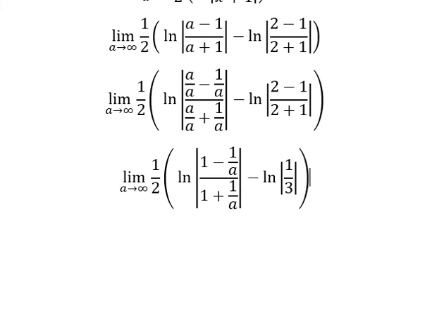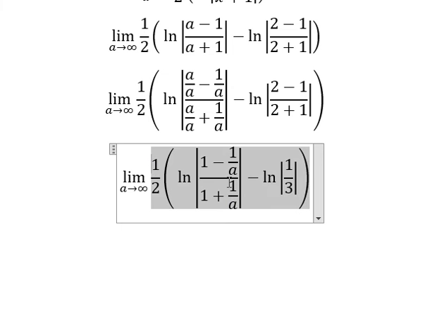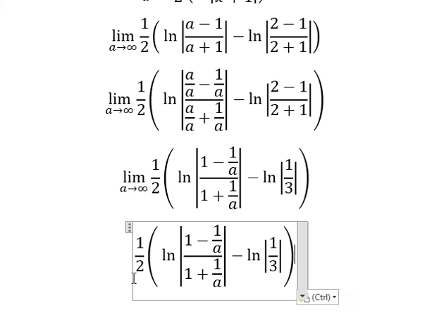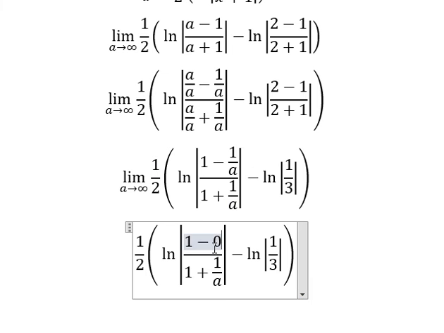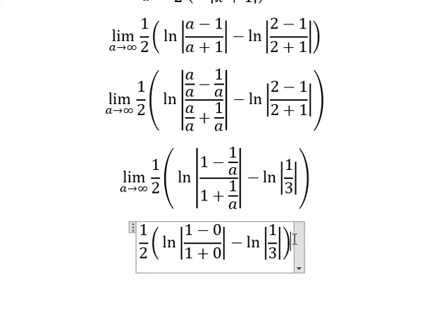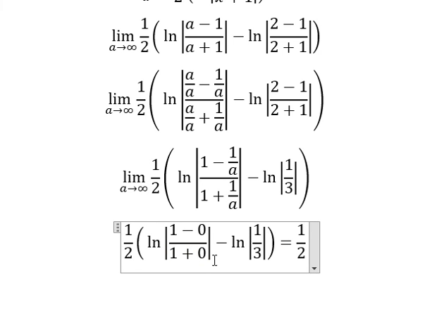So when a approaches positive infinity, this one will go to number 0 because 1 divided by positive infinity you got 0. Similar for this one. For number 1 you got 0, so we just have this one left.